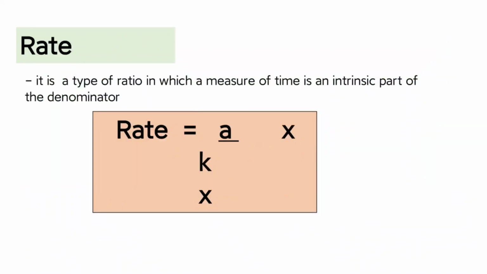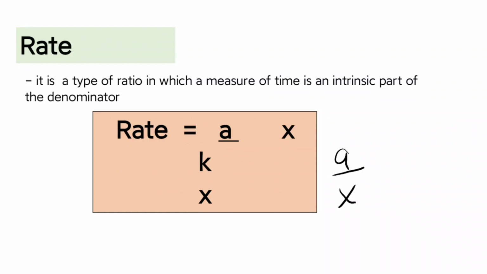Okay? And last will be your rate. Okay? For the rate, it depends on what you will use, if it is incidence or prevalence. Okay? So, later on, we will also discuss the difference between those two. So, a rate is a type of ratio in which the measure of time is an intrinsic part of the denominator.